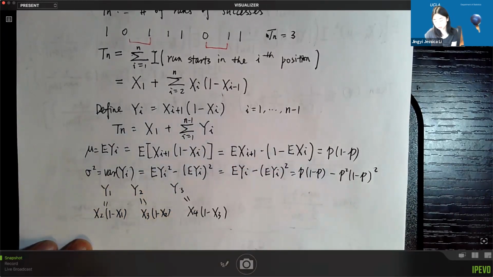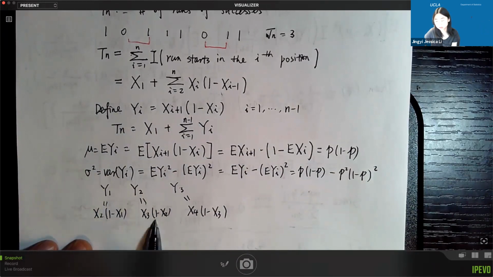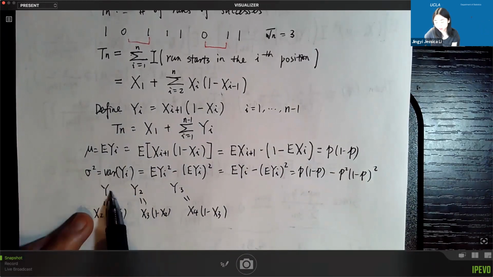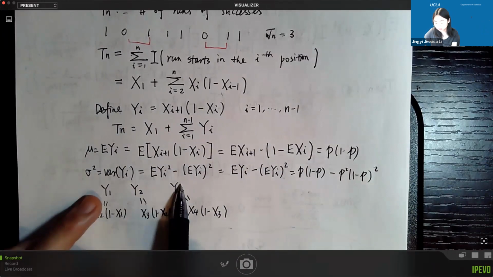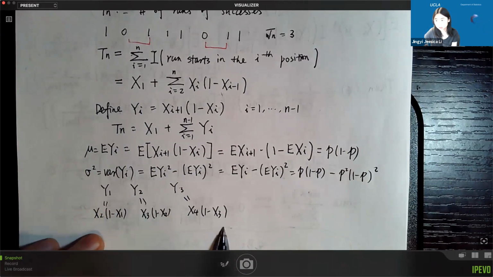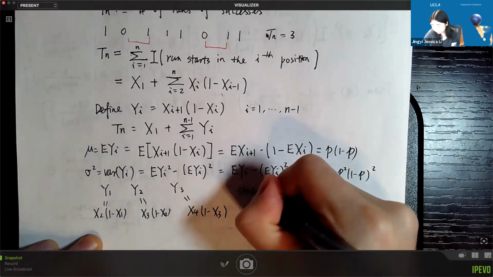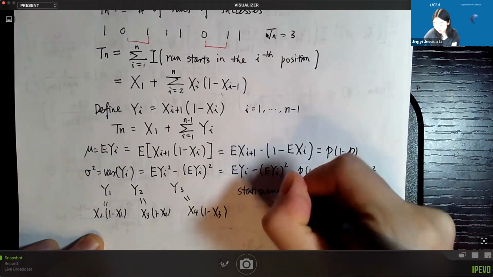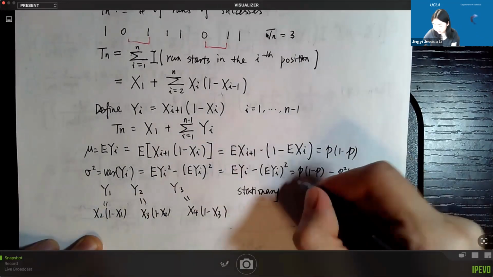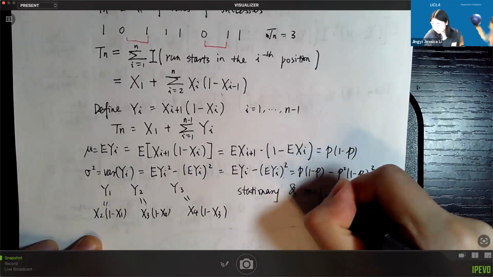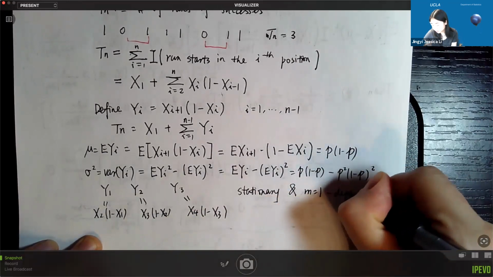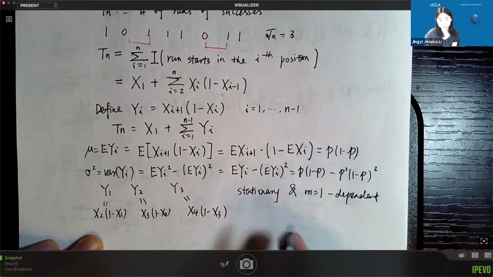Seeing the pattern, you will realize that the dependence only happens between two adjacent yi's. If two yi's differ by 2 positions, then they are not dependent. So therefore, this is stationary, and the stationarity comes from the fact that the xi's are IID, and it is m-dependent with m equal to 1.